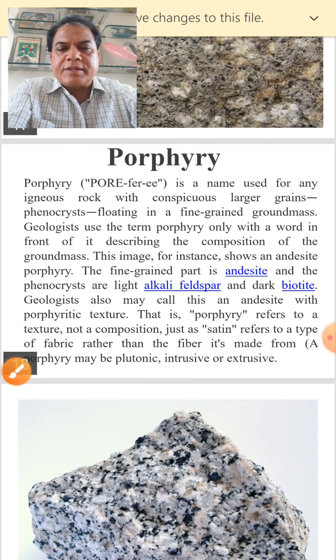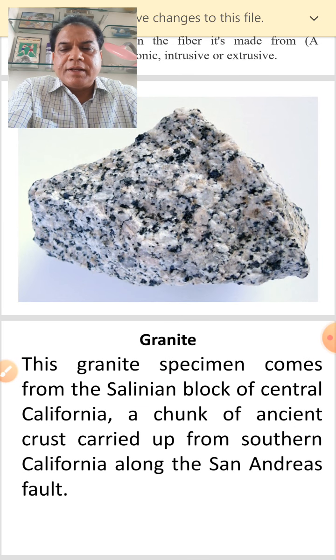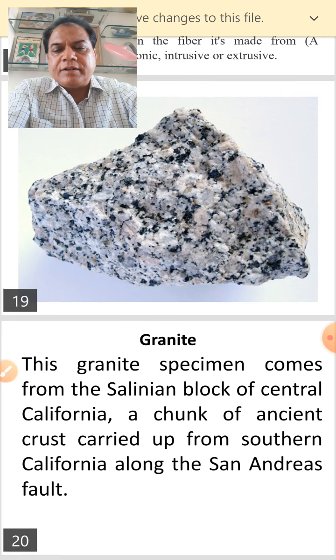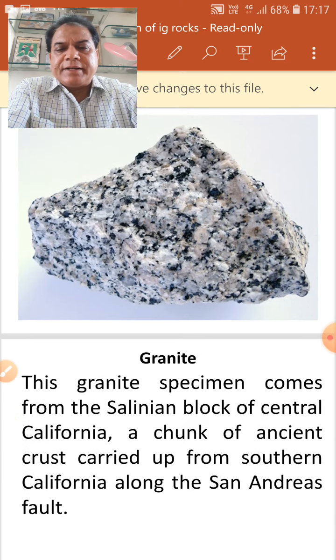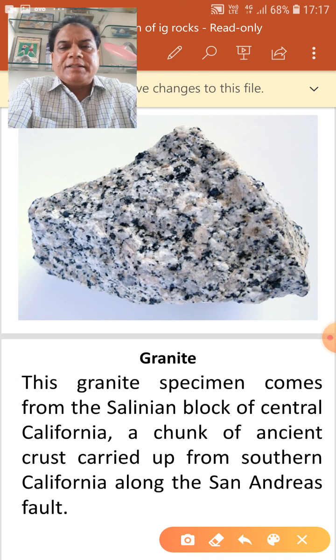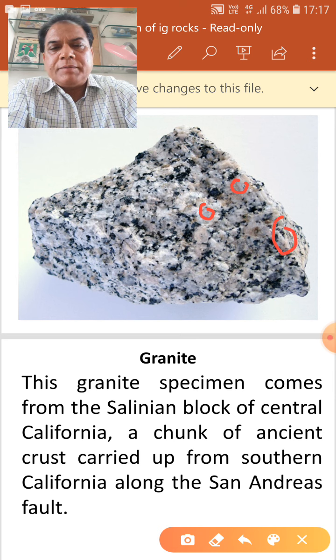Right. This is again a very important rock. This is your granite. Once we say granite, it means a plutonic rock, and the mineral composition is quartz and orthoclase, that is feldspar.